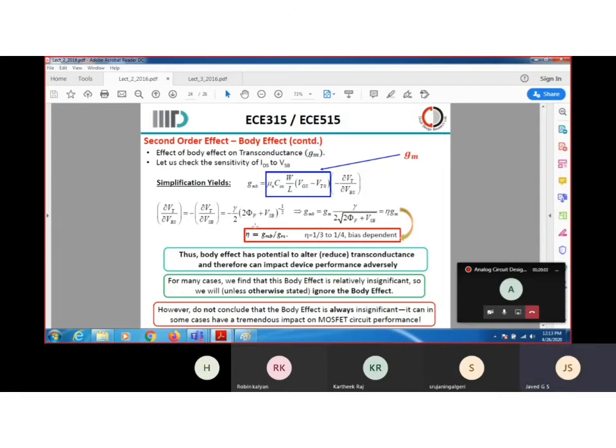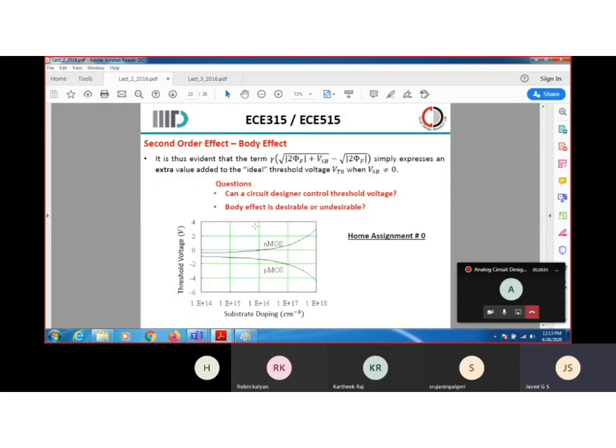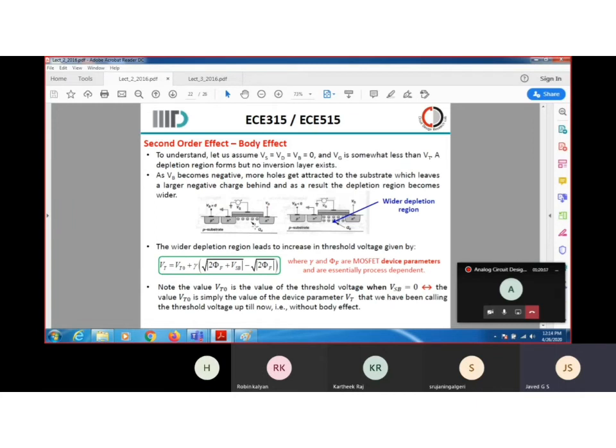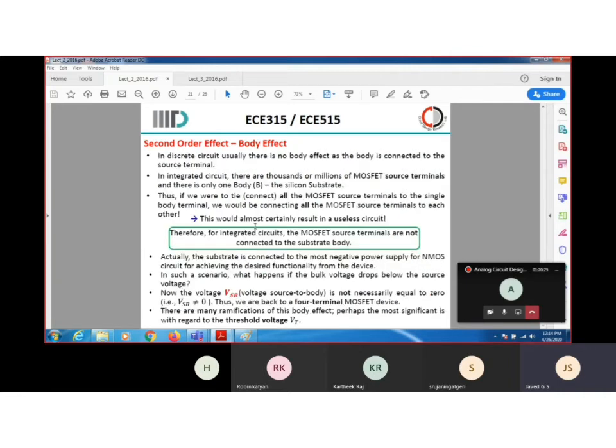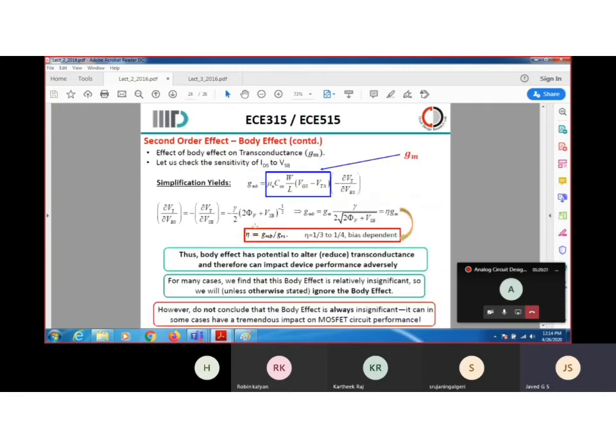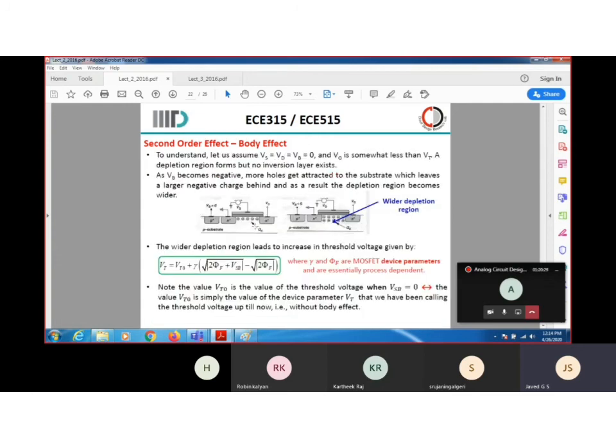So where are we getting this delta Vt by delta VBS? We're getting it from the previous equation, this particular equation in green. If you take a partial derivative of this factor, you will understand what delta Vt over delta VSB is. Delta VBS will come from that.